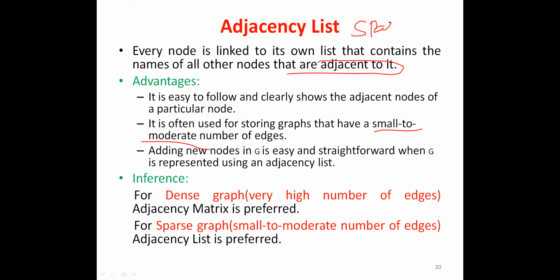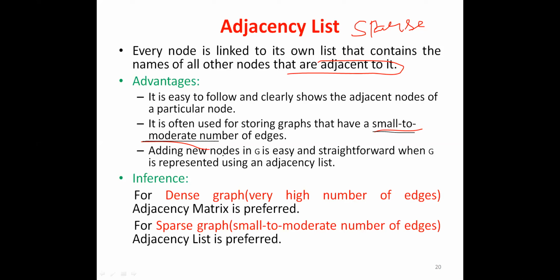Sparse is nothing but having a limited number of edges. In that case, we can go for adjacency list. That's why they mention small to moderate number of edges.